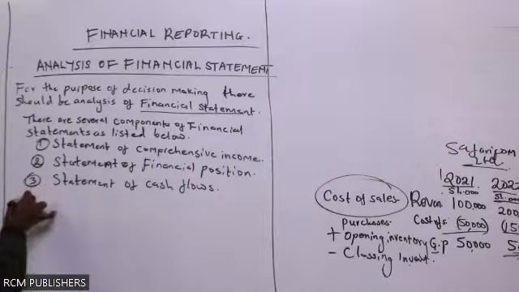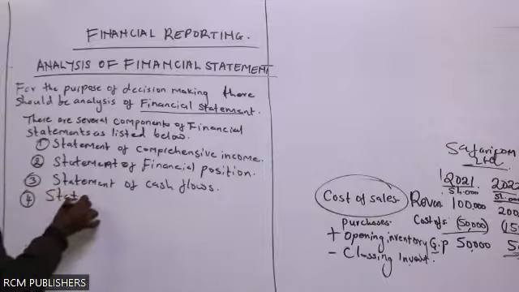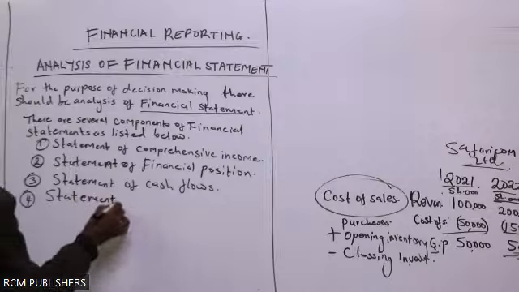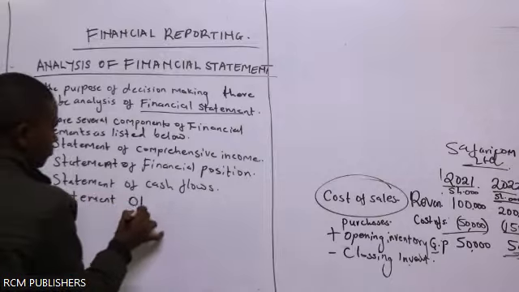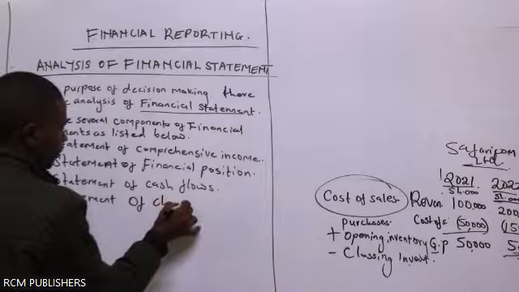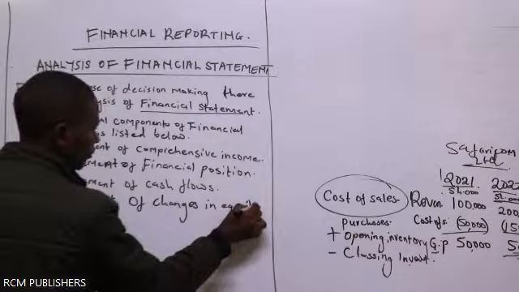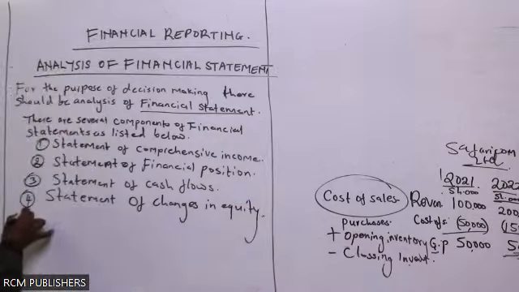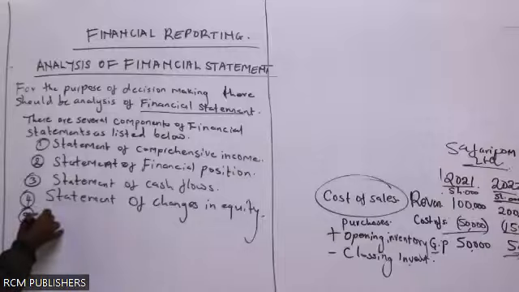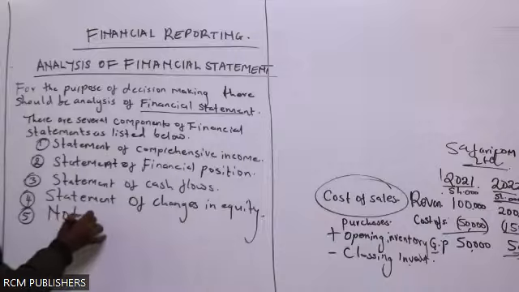And then we have four, statement of changes in equity. Then we have five, the notes to financial statements.